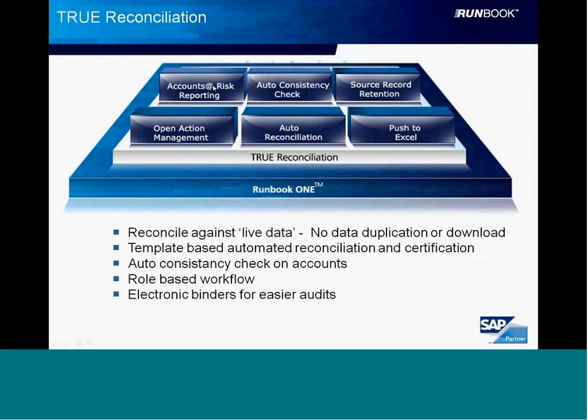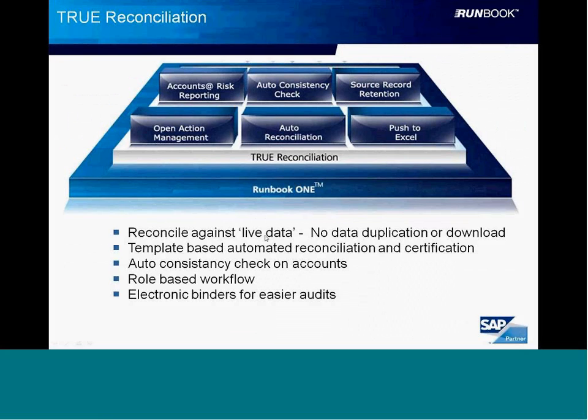So what can we do? We can do risk reporting on general ledger accounts. We can automatically check certain accounts. For example, if you have suspense accounts, if you have no line items, Runbook can check it automatically for you and will sign off. You can determine your retention period because we are integrated in SAP, and we can auto-reconcile these accounts against live data.